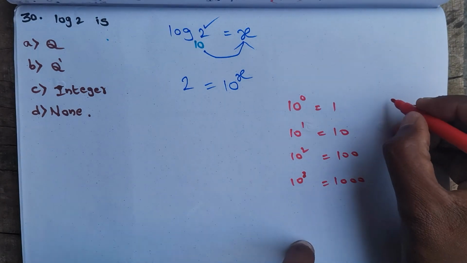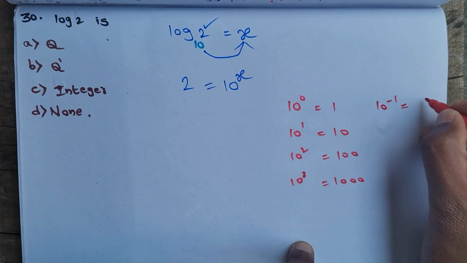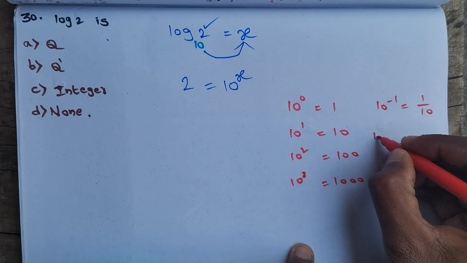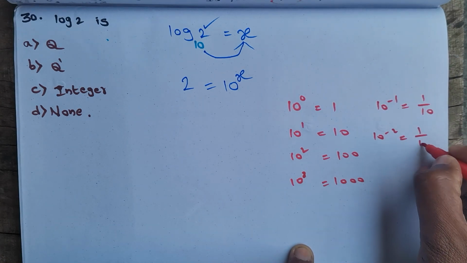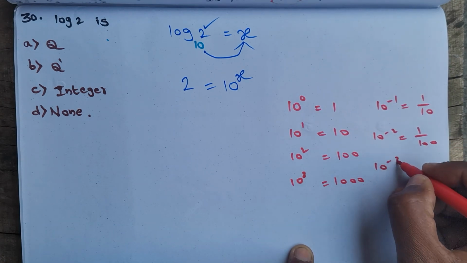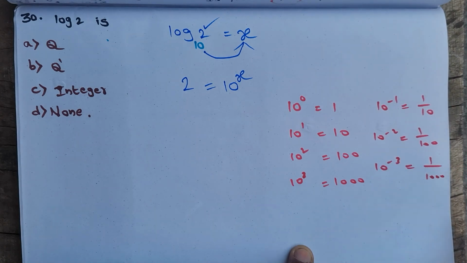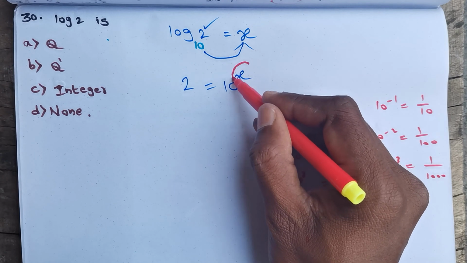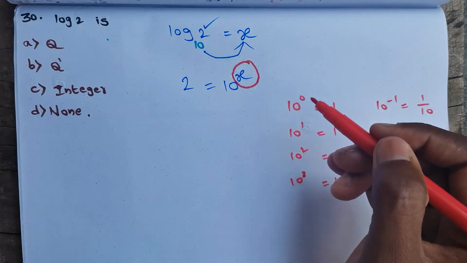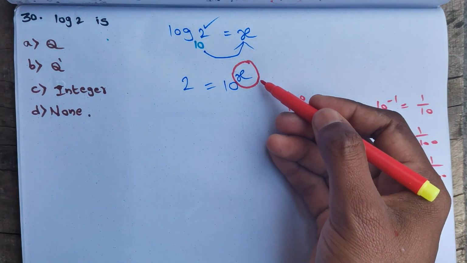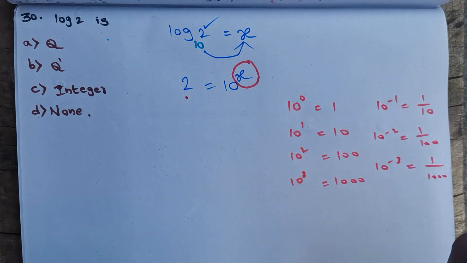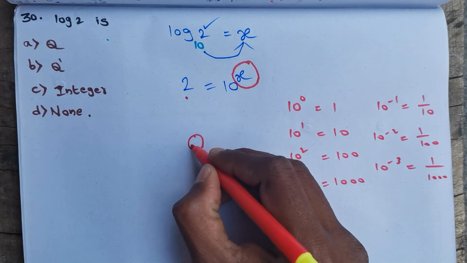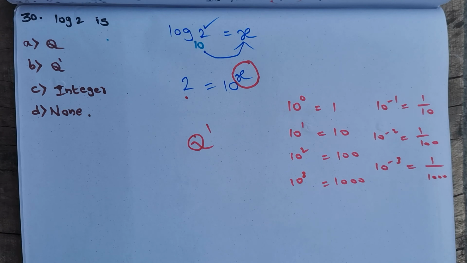Then I will keep some negative numbers also. 10 power minus 1 is nothing but 1 by 10. 10 power minus 2 is nothing but 1 by 100. 10 power minus 3 is nothing but 1 by 1000. So there is no such number which we can substitute in the place of x to get the answer 2. That's why it is irrational.